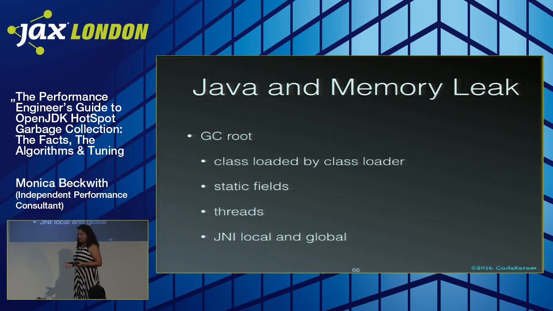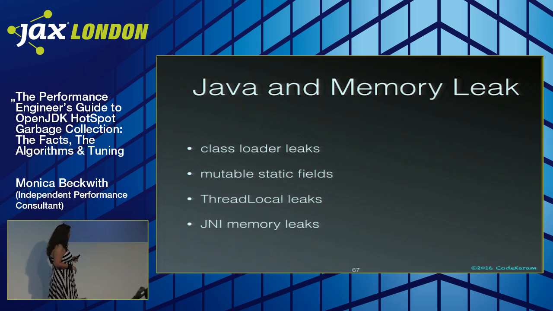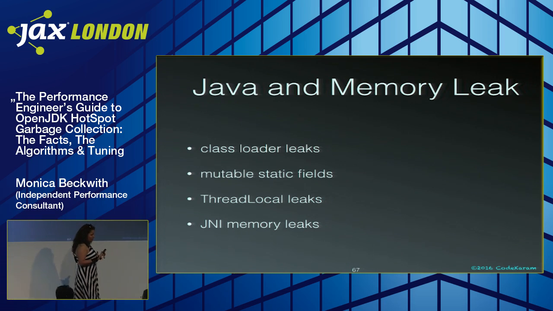So what makes the root set? The class loaders, the classes that are loaded, the static fields, threads, JNI local and global. And so your leaks are class loader leaks, mutable static field leaks, thread local leaks, JNI memory leaks, right? So your root set is the issue. If you understand what can cause a memory leak, maybe you can understand how to eliminate that, right? So look for these.